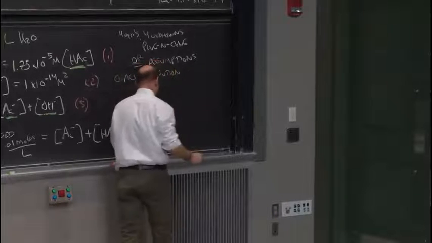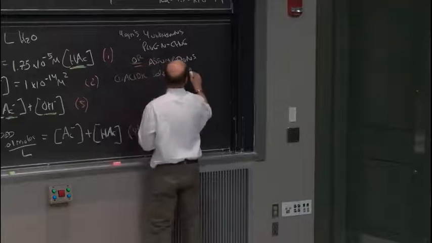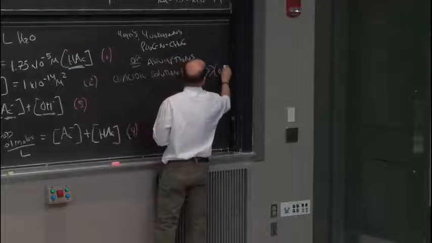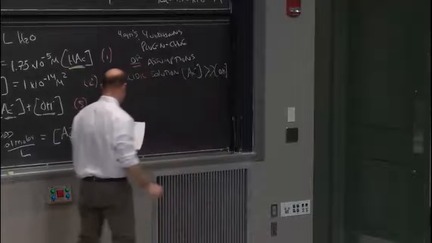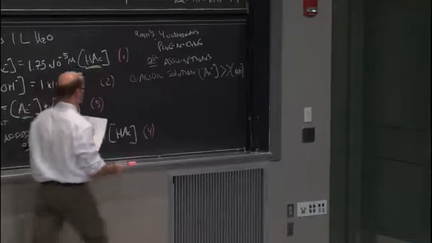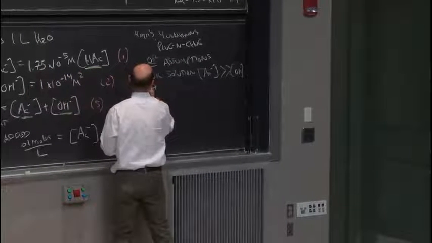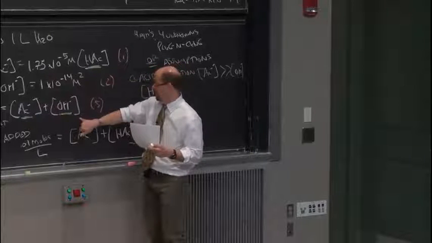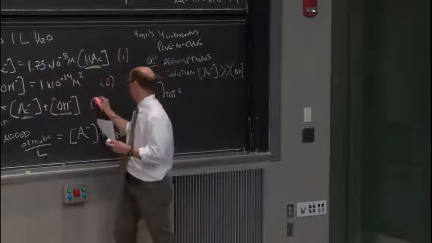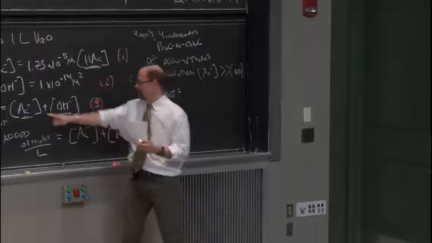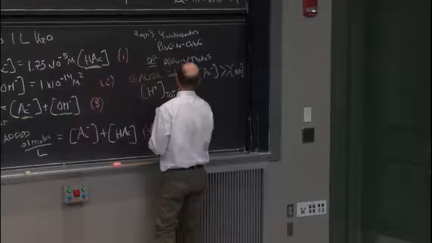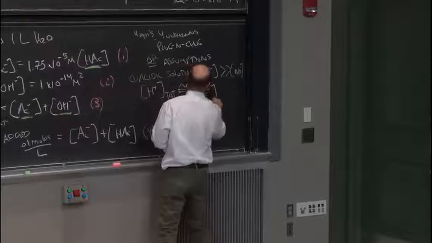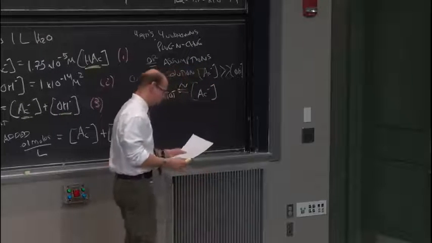And that means that we can probably say that the concentration of acetate anion is greater than the concentration of OH minus, our hydroxide anions. And that means, therefore, we can write that the total proton concentration, which we said in equation 3 was equal to acetate plus OH minus, is probably about equal to just the concentration of acetate anions. Okay, that doesn't seem so unreasonable.